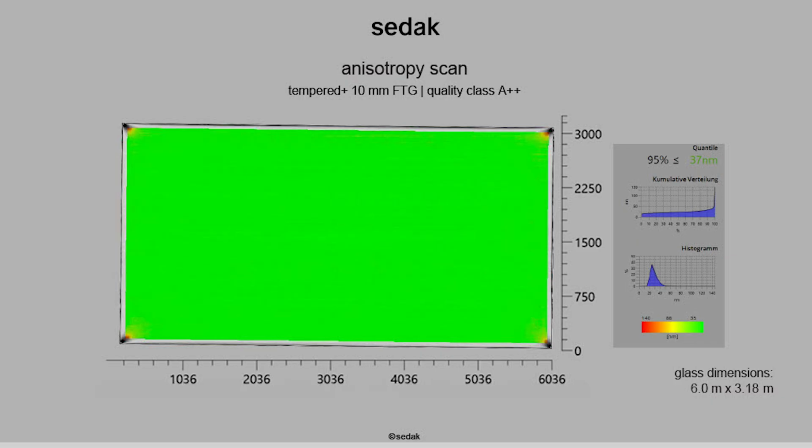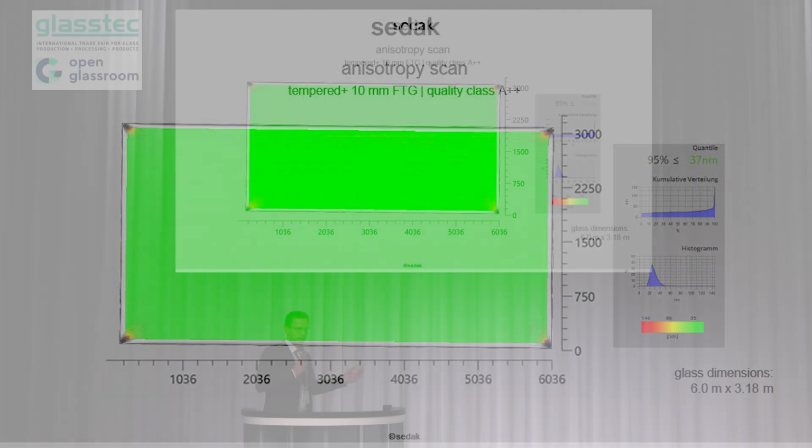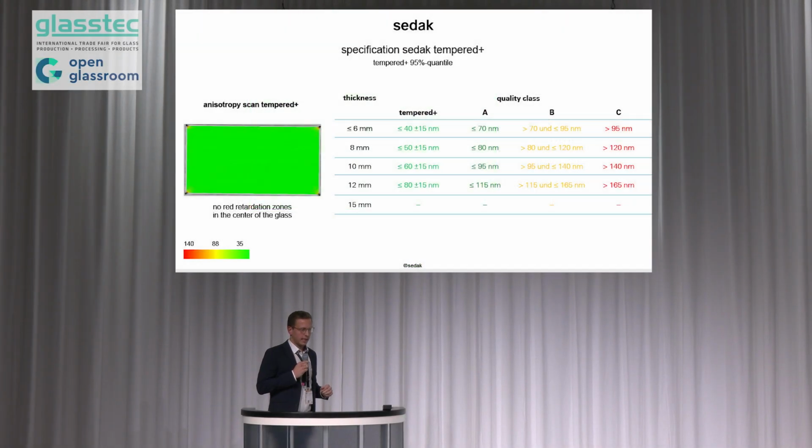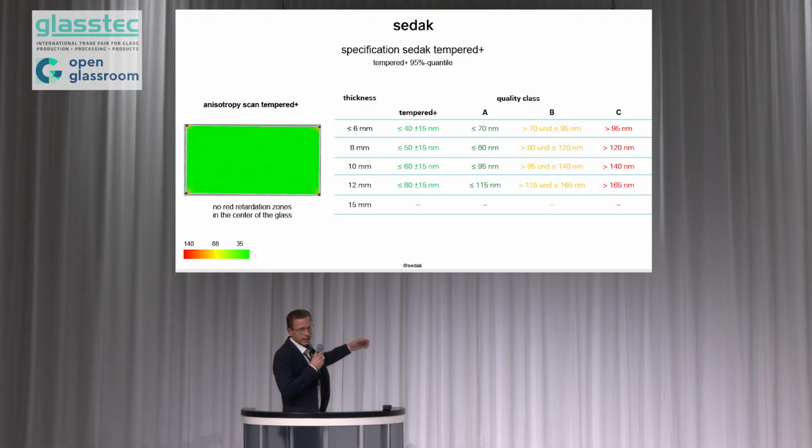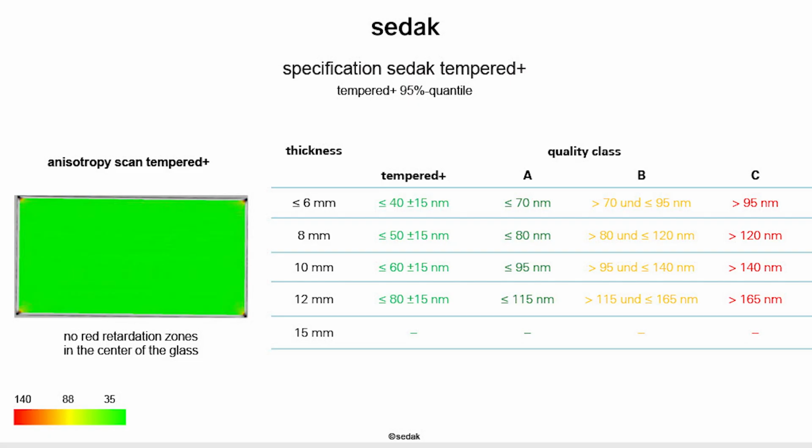Based on this, we can give a new specification for the glass, which outperforms the A, B, and C quality classes. When we compare our Tempered Plus to the quality classes defined in the DIN spec for the glass, we have an outperforming of the current values, and therefore we can give our customers better glass without anisotropies.